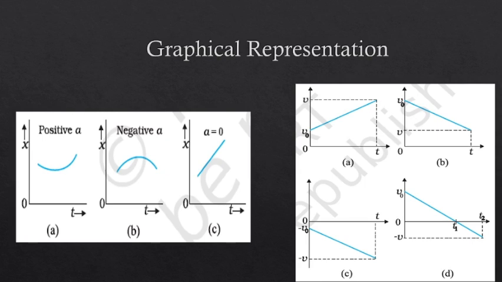In graph C, the motion is in the negative direction with negative acceleration. And graph D shows the motion of an object with a negative acceleration that changes direction after time t1. Between 0 and t1, it moves in the positive x direction, and between t1 and t2, it moves in the opposite direction.